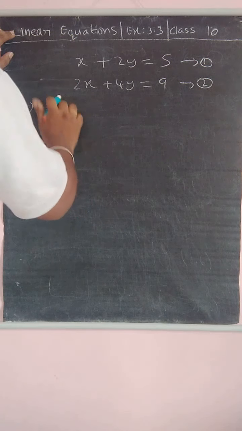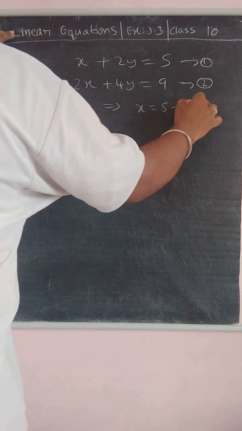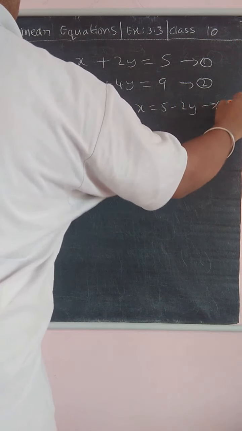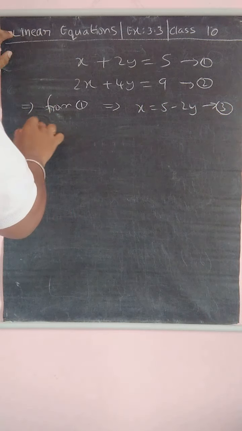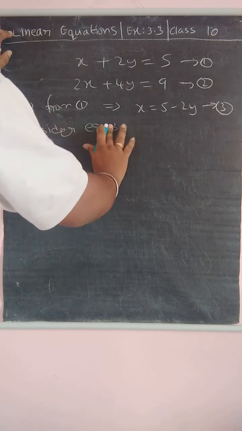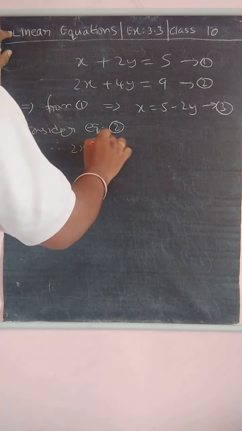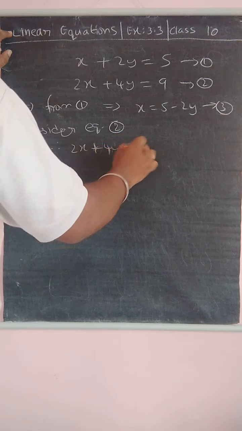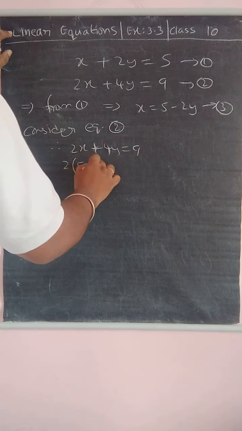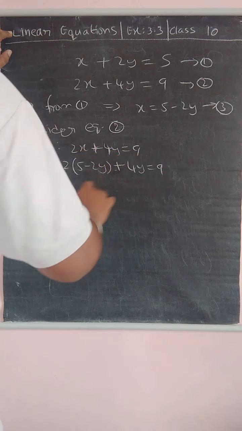Now consider, from 1 we can write x is equals to 5 minus 2y. Let it be 3. So consider equation 2. Therefore 2x plus 4y equals to 9.